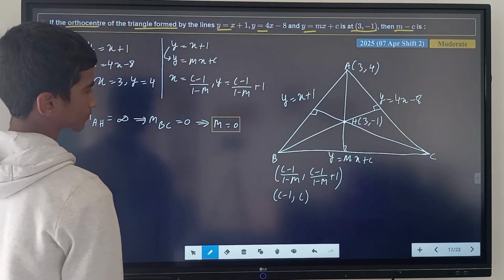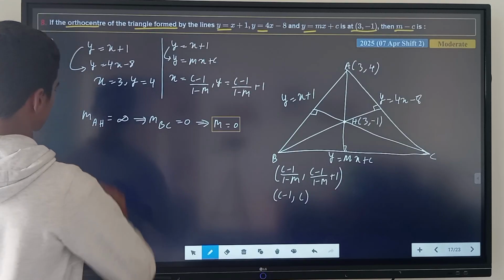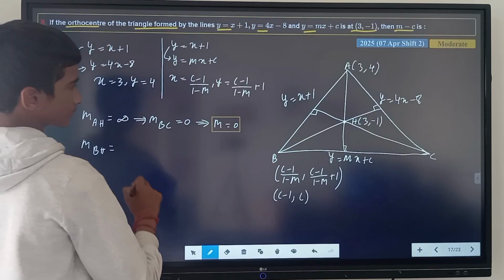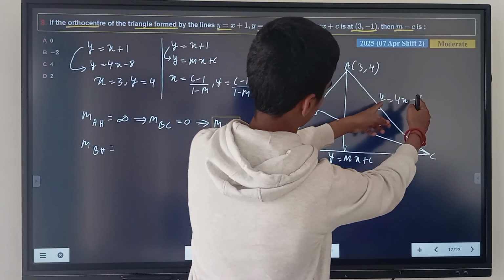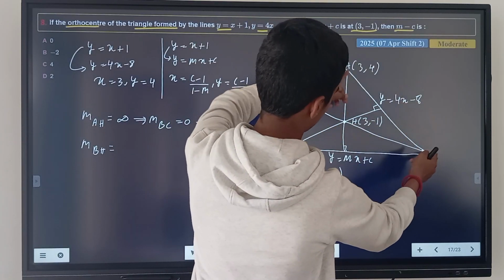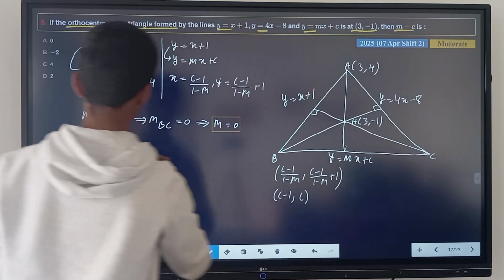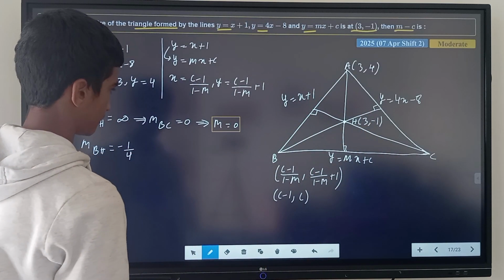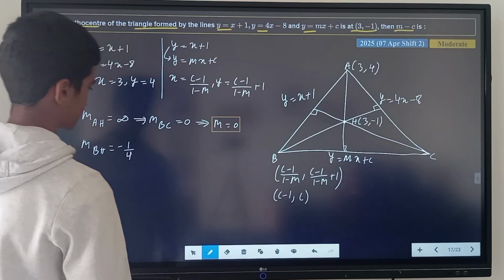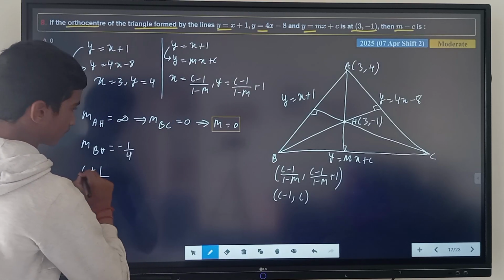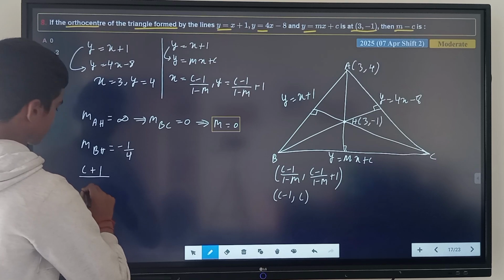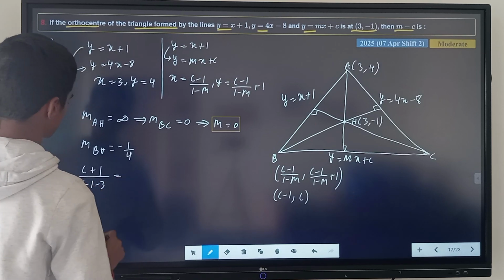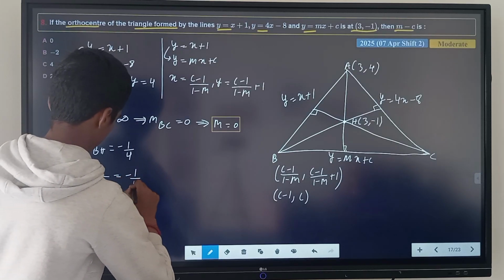Now slope of BH is perpendicular to this line, and slope of AC is 4, so slope of BH will be minus 1 upon 4. From here we will get slope of BH is c plus 1 upon c minus 1 minus 3, which is c minus 4, is equal to minus 1 upon 4.